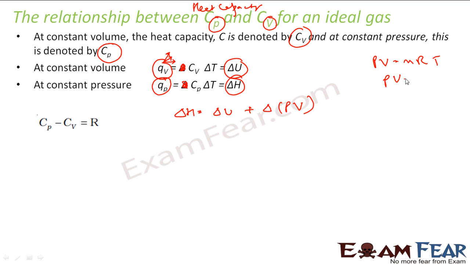So PV is equal to RT. This becomes delta U plus delta of RT. R is constant, so delta H becomes delta U plus R delta T.